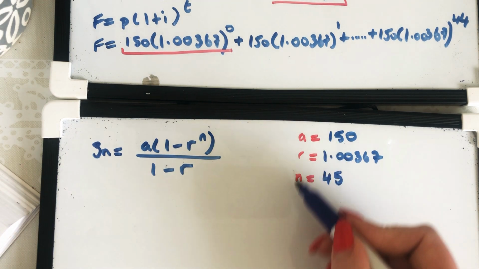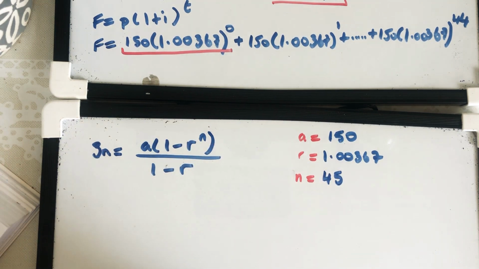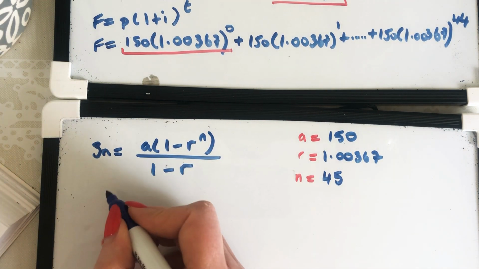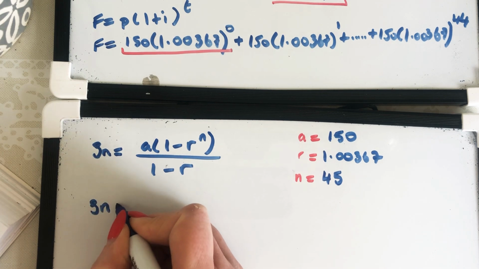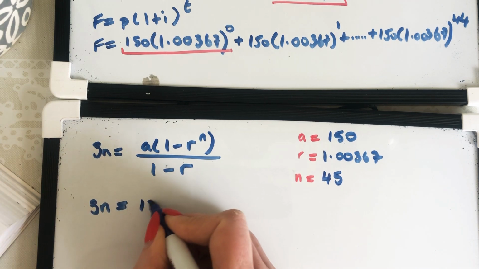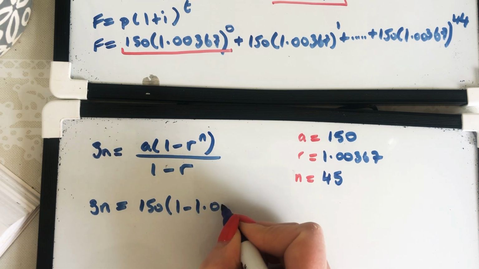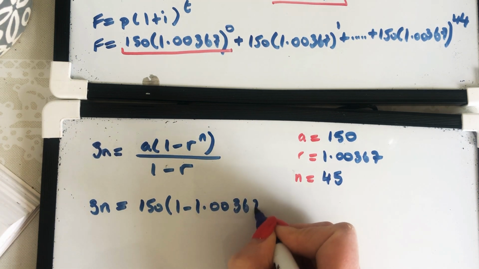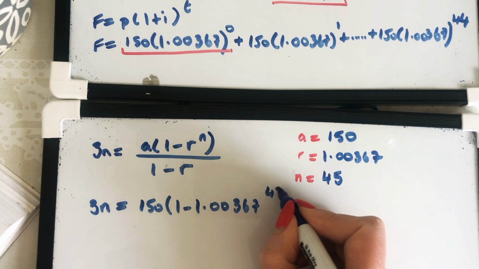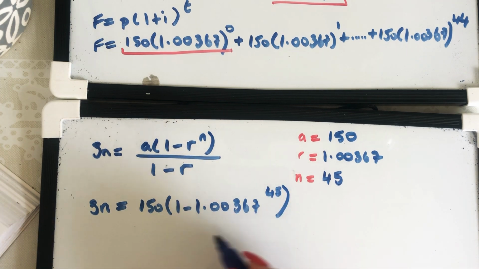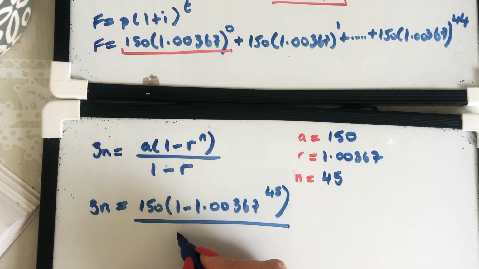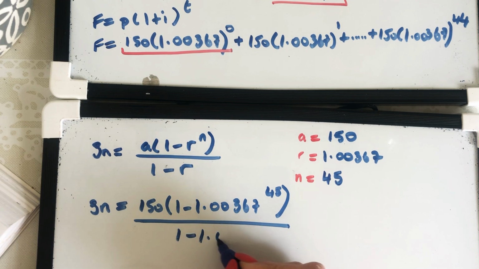So let's fill our three numbers in over here to our geometric sequence. So we have Sn is equal to a, which is 150, (1 − 1.00367^45) all over 1 − 1.00367.